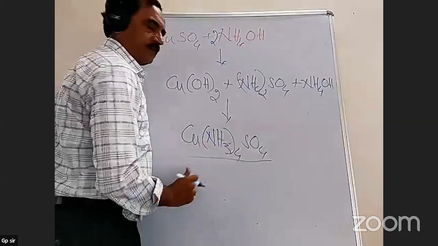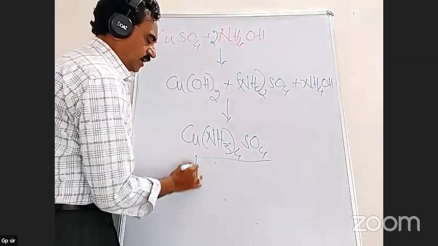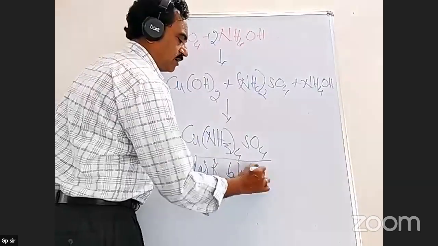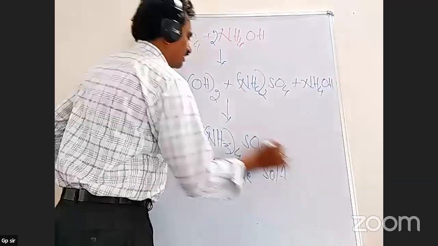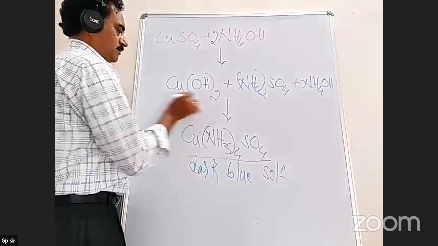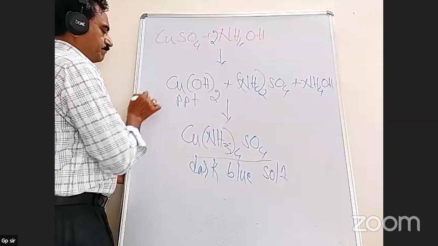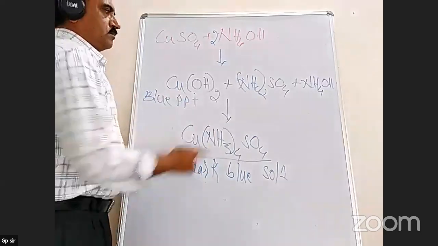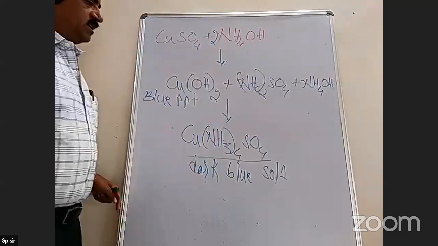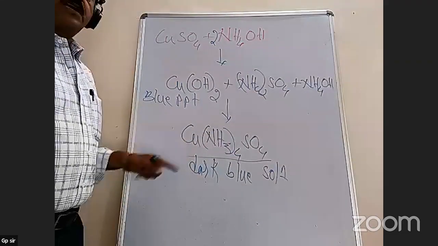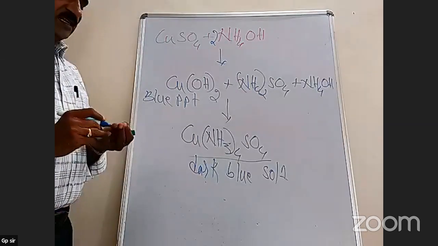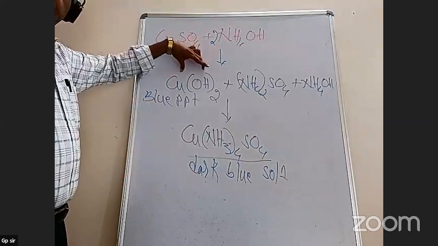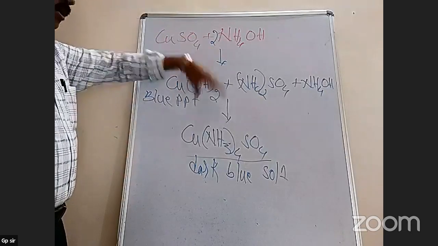The blue precipitate is formed first, but when you add NH4OH in excess, it forms this complex, and this is a solution. So the precipitate formed first dissolves in excess of NH4OH.